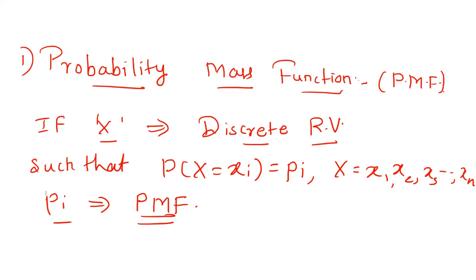So the probability mass function says that if x is a discrete random variable, most importantly, for a continuous random variable PMF does not apply. So if x is a discrete random variable, then P of x is equal to xi is equal to pi, where x can take any value x1, x2, x3 till xn, and pi is the probability mass function.